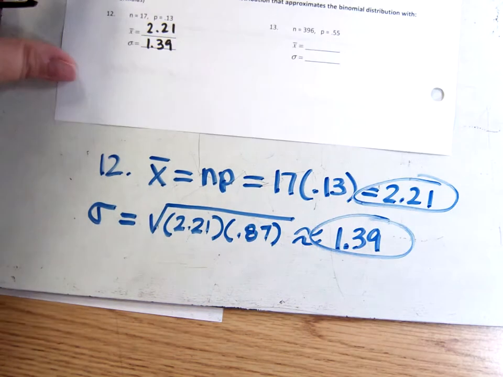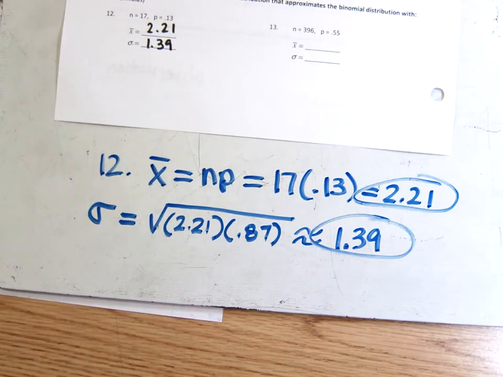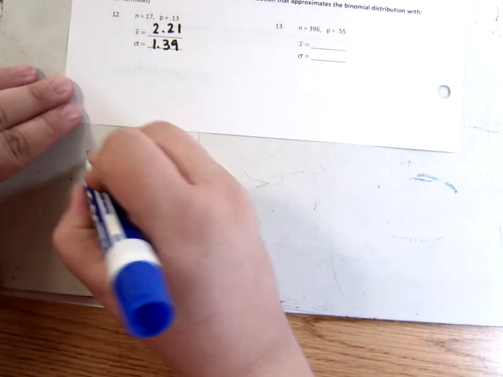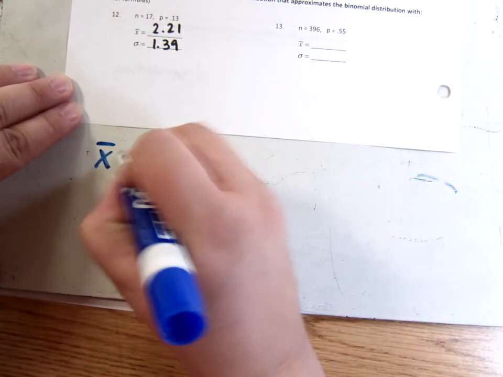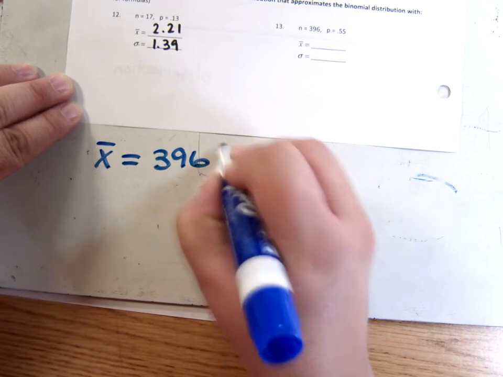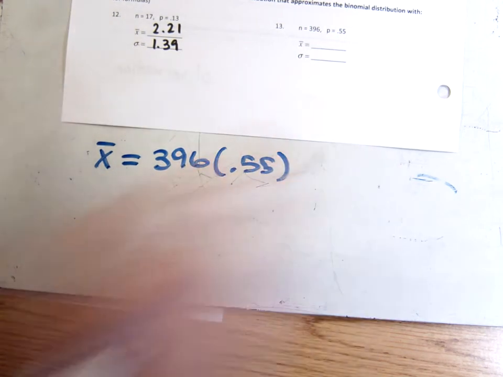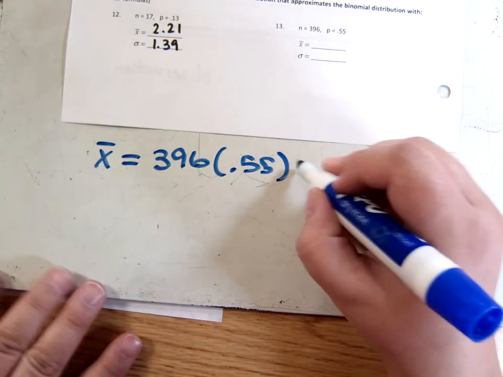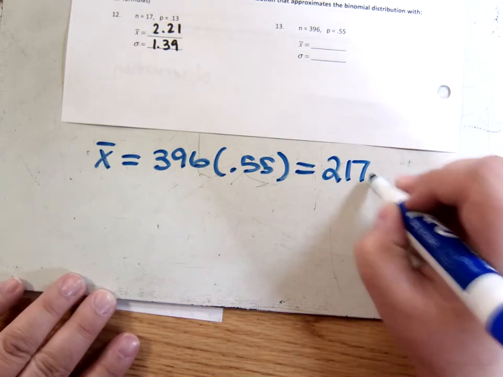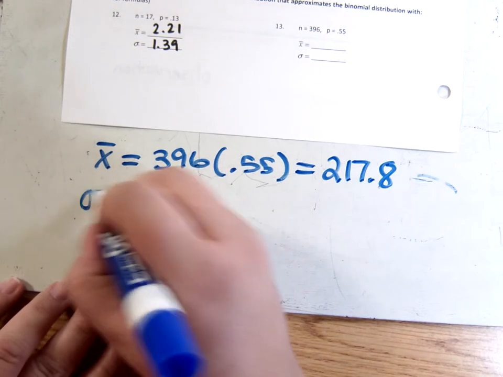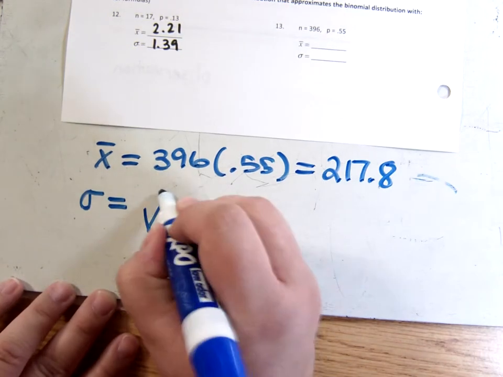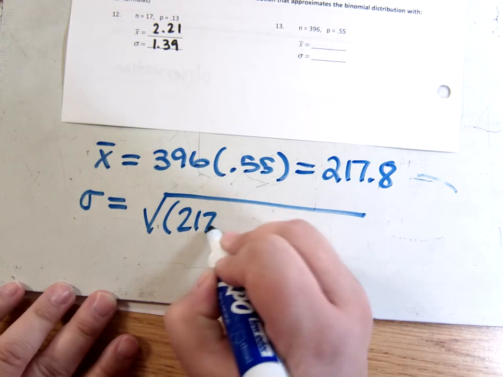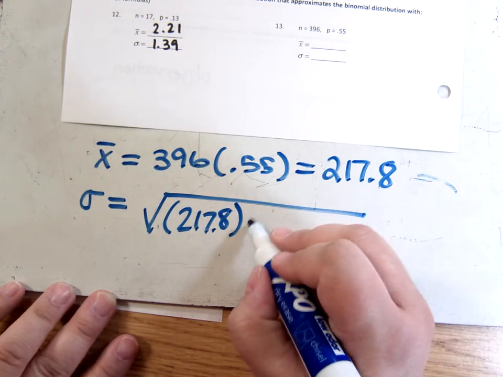Number 13. N is 396. P is 0.55. So 396 times 0.55 will give me X bar. I get 217.8. Lowercase sigma, square root of np, which we just got 217.8, times 0.45.